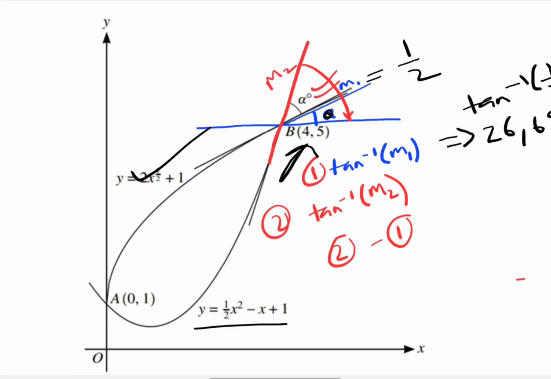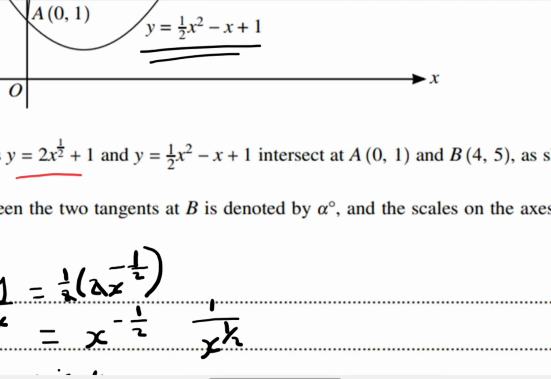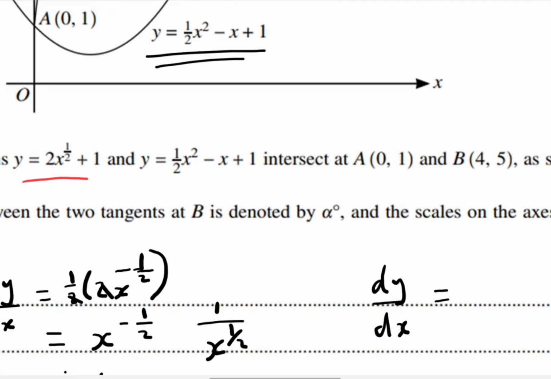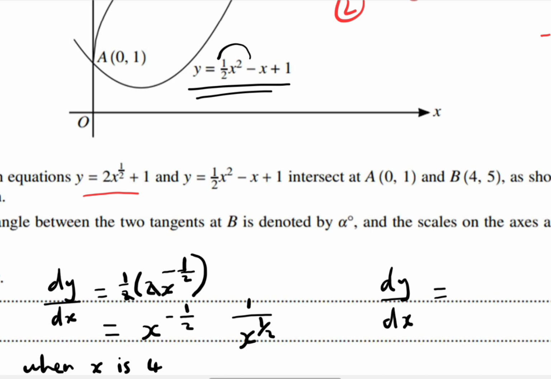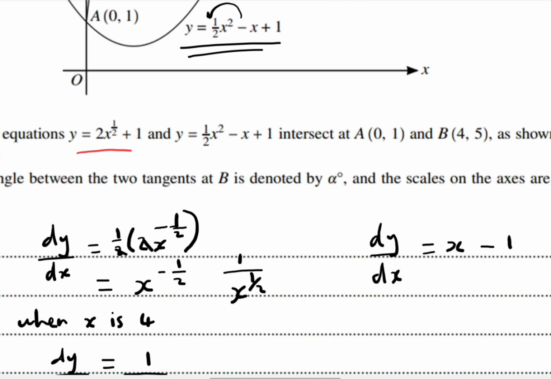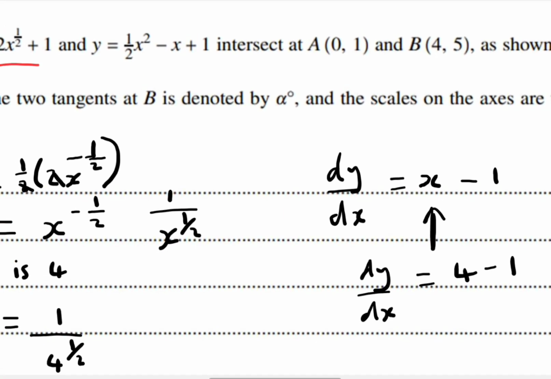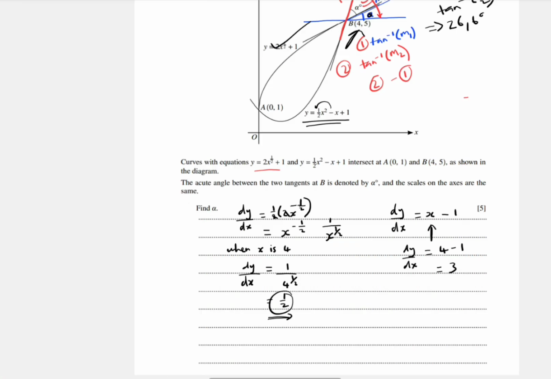Now to find dy/dx for this, simply taking the 2 down to multiply by half we get 1, then we subtract 1 from the power of x, so that's x minus 1, like that, and substituting 4 for x, when x equals 4, we know dy/dx will equal 4 minus 1, which is 3, right.